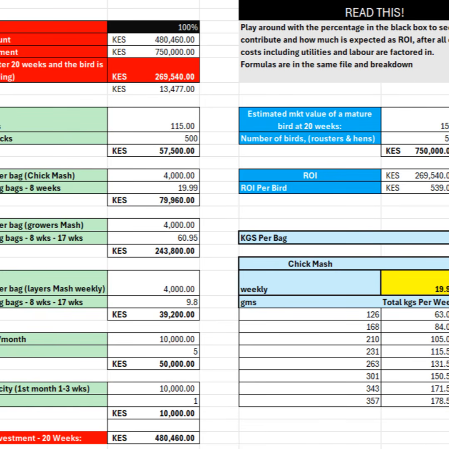Okay. So my return on investment with zero mortality, and I sell off all these birds, again, 500 roosters and hens mixed up. There are people out here that I've been talking to who managed to sell these birds for up to 2,000 Kenya shillings.